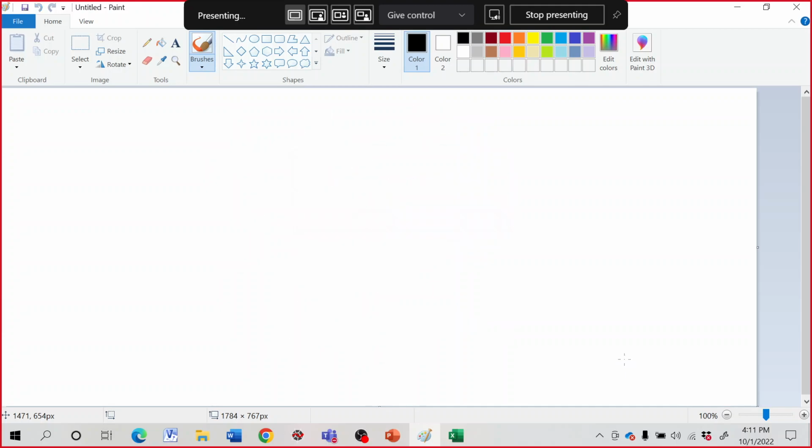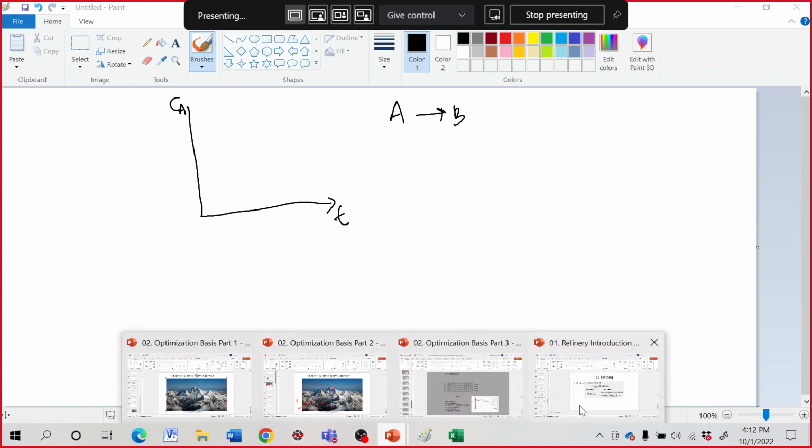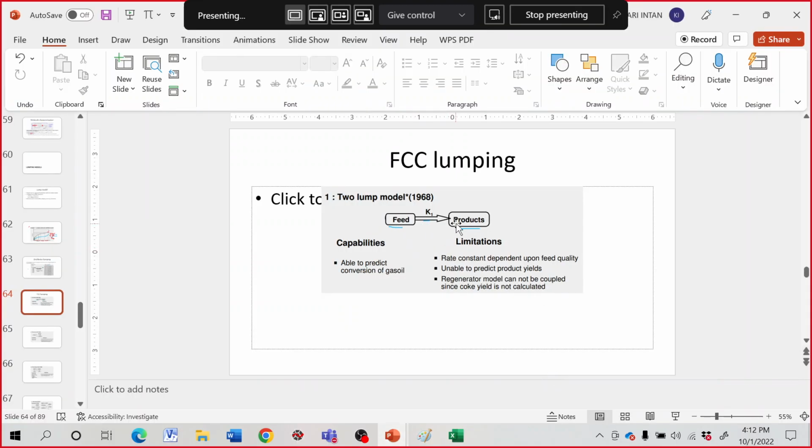So if you have something like this, this is time, and this is the concentration of reactant, say A. So you have a reaction from A to B, just like the one that we are now trying to discuss. So feed, then product, and then A to B. So this is the first approach in 1968.